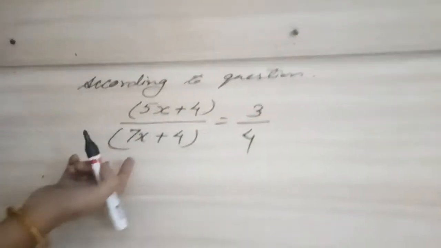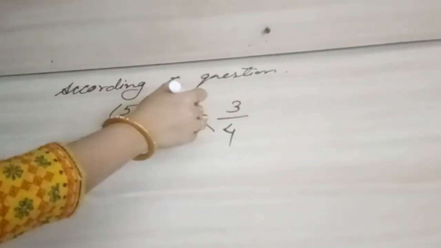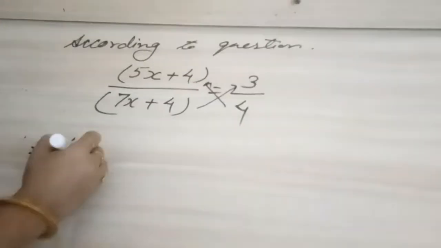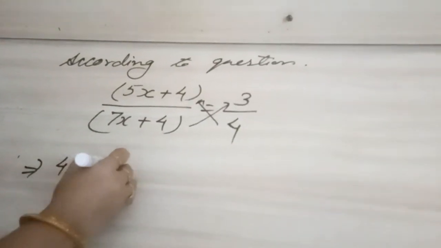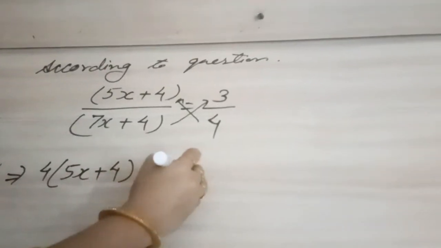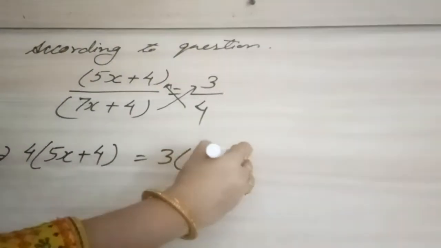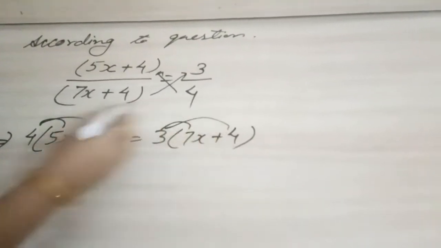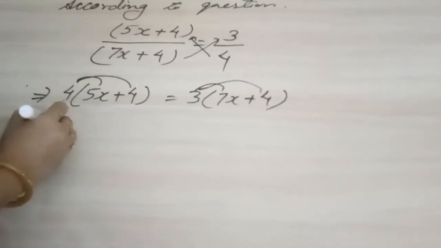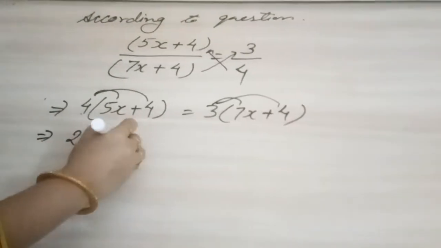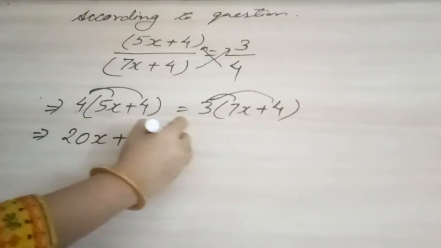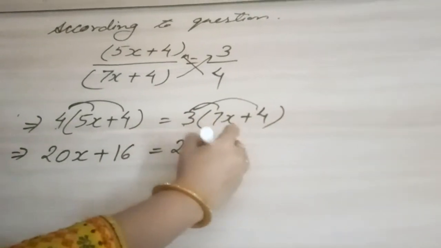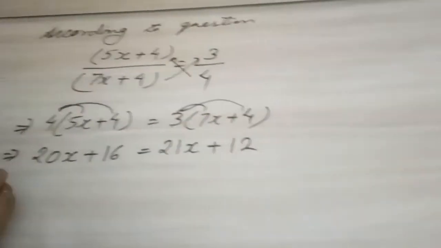Now, you know how to solve a linear equation. So we will cross multiply. It will become 4(5x plus 4) equals 3(7x plus 4). Now we will multiply. 4 fives are 20x plus 4 fours are 16 equals 3 sevens are 21x plus 3 fours are 12.